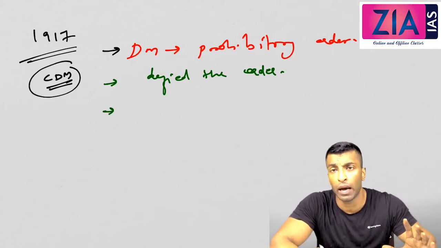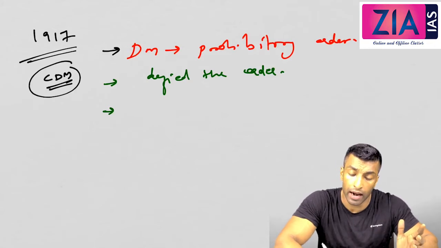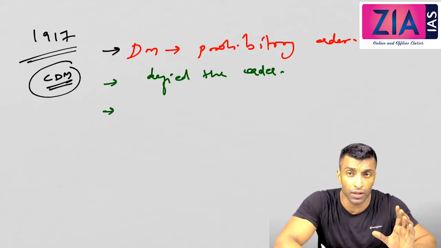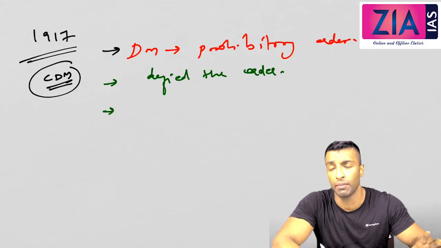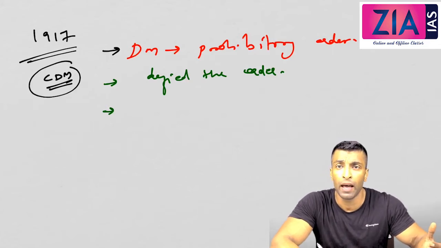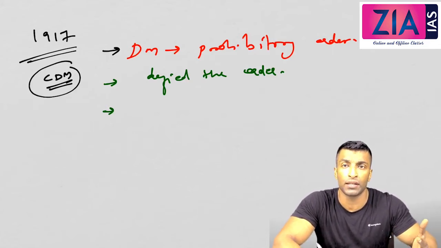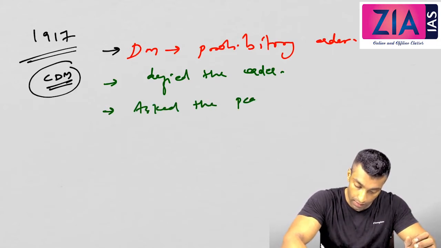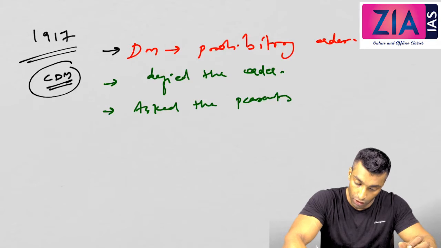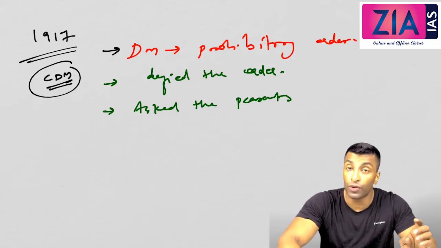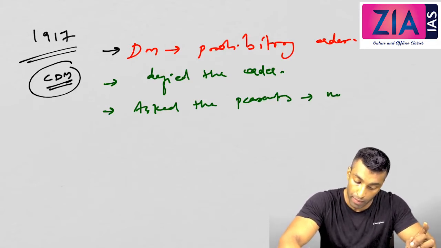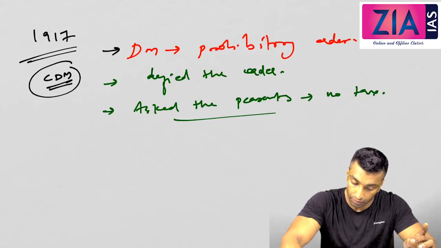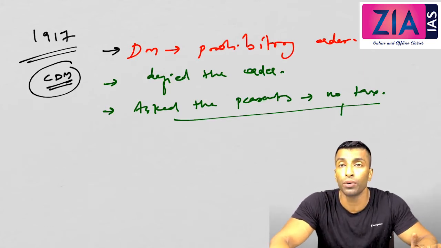One month door-to-door campaign, Gandhi prepared the report and recommended abolition of this particular system, Tin Kathia system, and abolition of indigo cultivation. And Gandhi also asked the peasants not to pay tax. Gandhi asked the peasants of Champaran to withhold further payment of taxes till the British look into this issue.